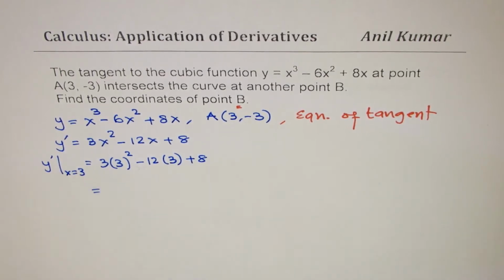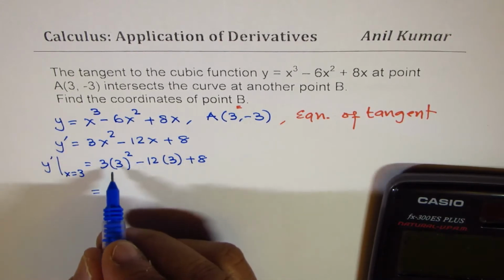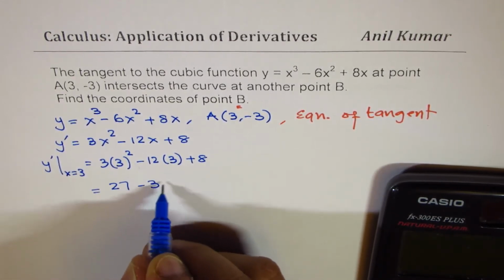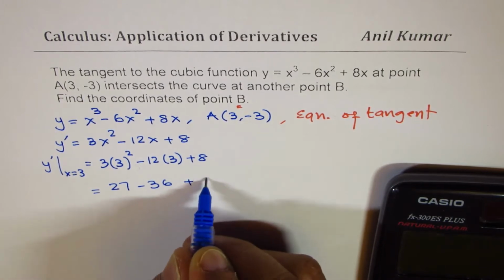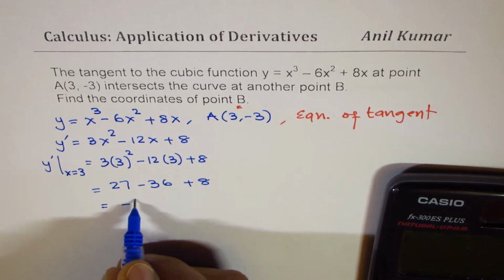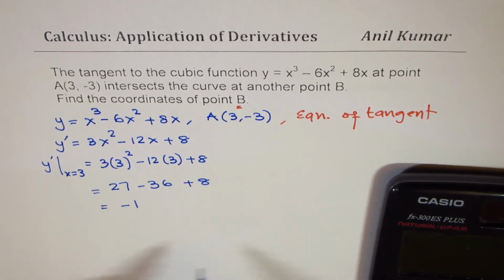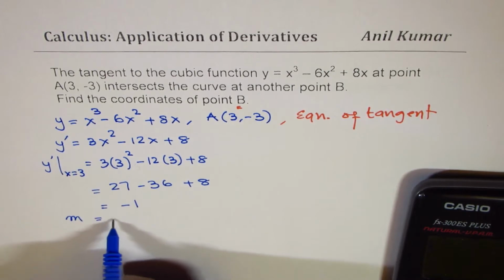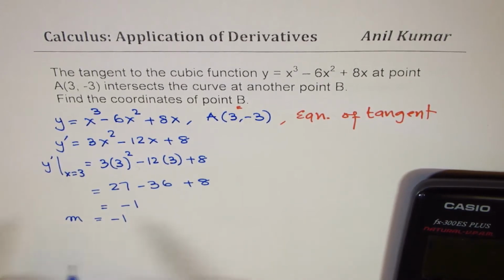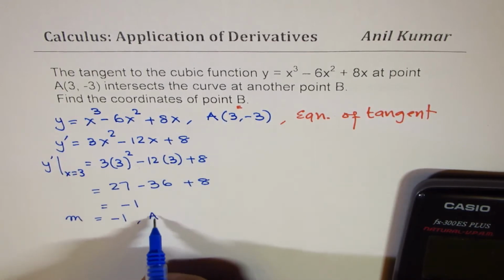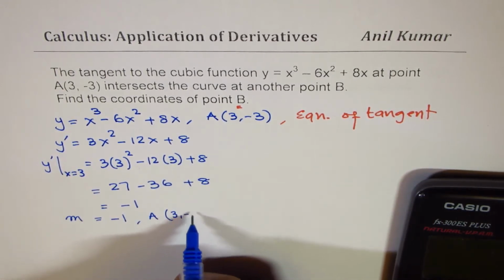So let's calculate this value, which is, we can also write like this, 9 times 3 is 27 minus 36 plus 8, right? So that gives you minus 1. So what we find really here is that the slope m is equal to minus 1 for this tangent at the point A, which is (3, -3).